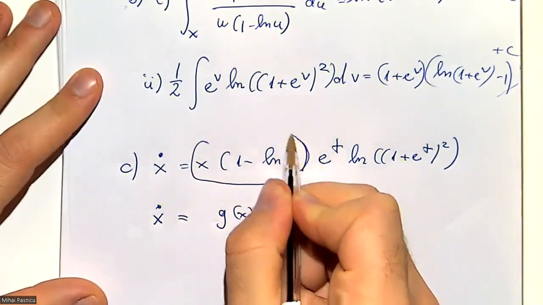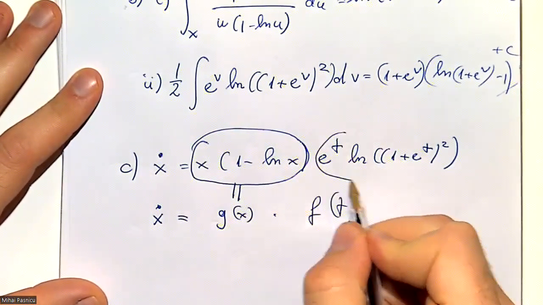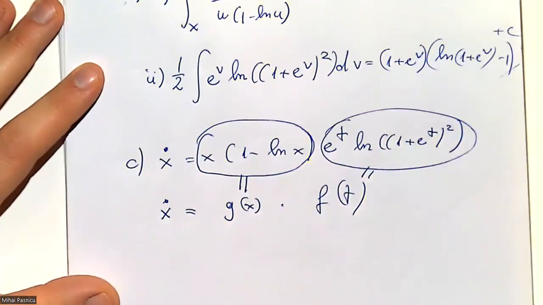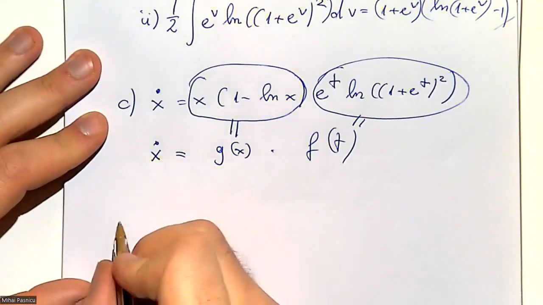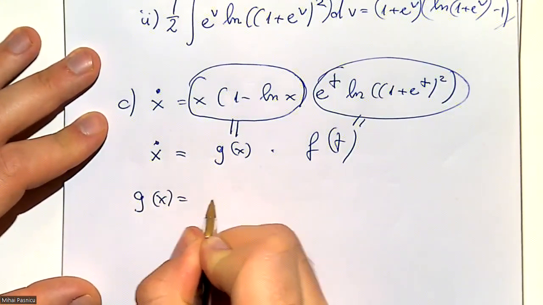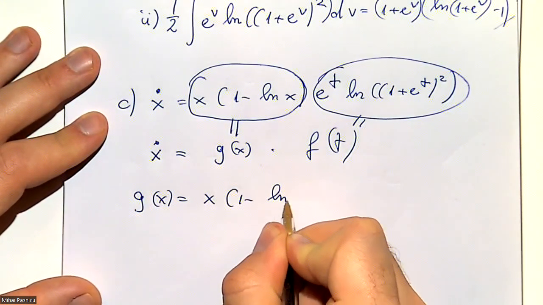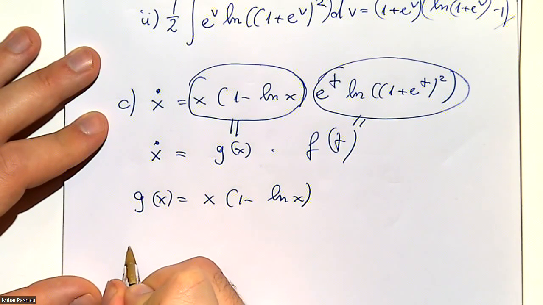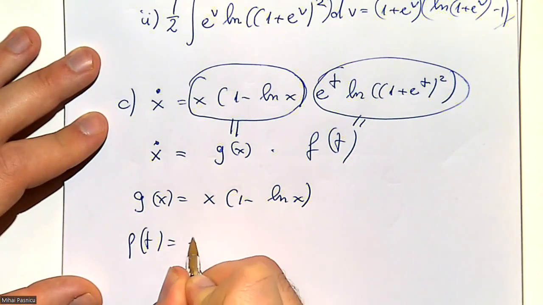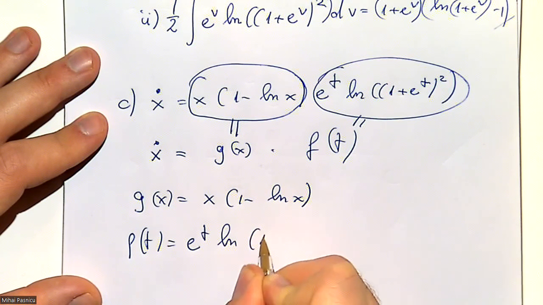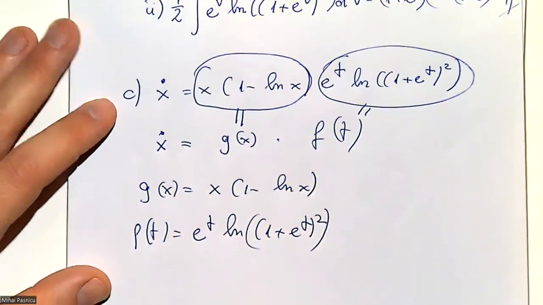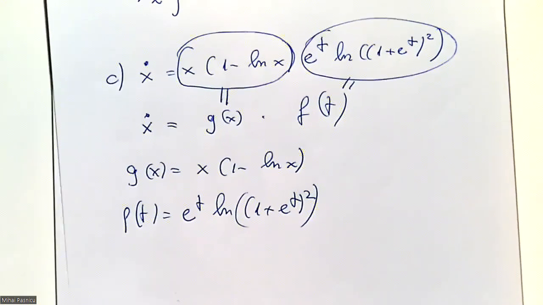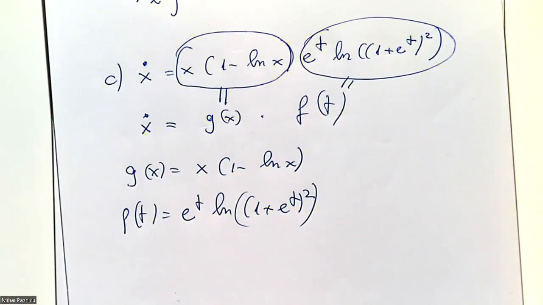This part has only x, so I give it to g of x. This part has only t, so I give it to f of t. So g of x equals x(1 minus ln of x), and f of t equals e^t ln of (1 plus e^t), everything squared. This step, hopefully everyone got.